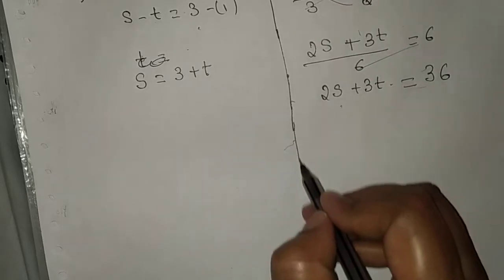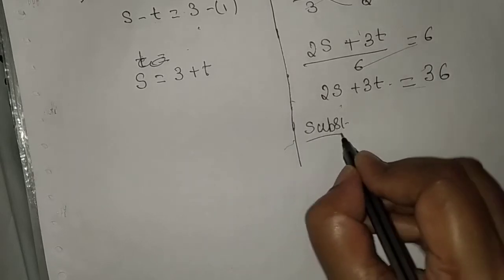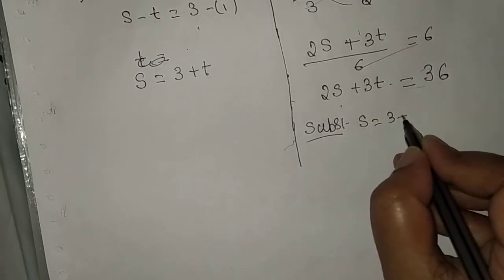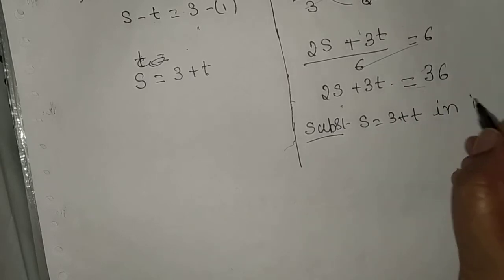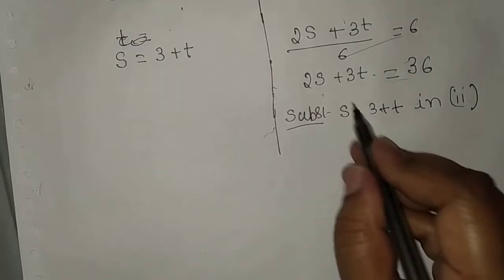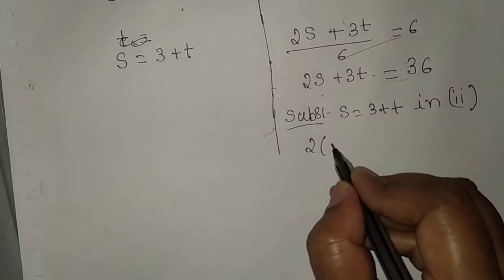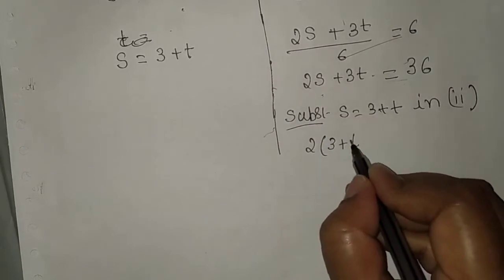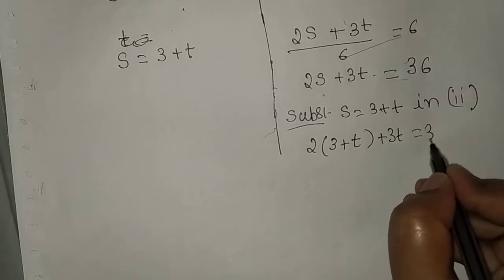Now substitute s is equal to 3 plus t in equation 2. Simplifying, 2 times 3 plus t, plus 3t is equal to 36.